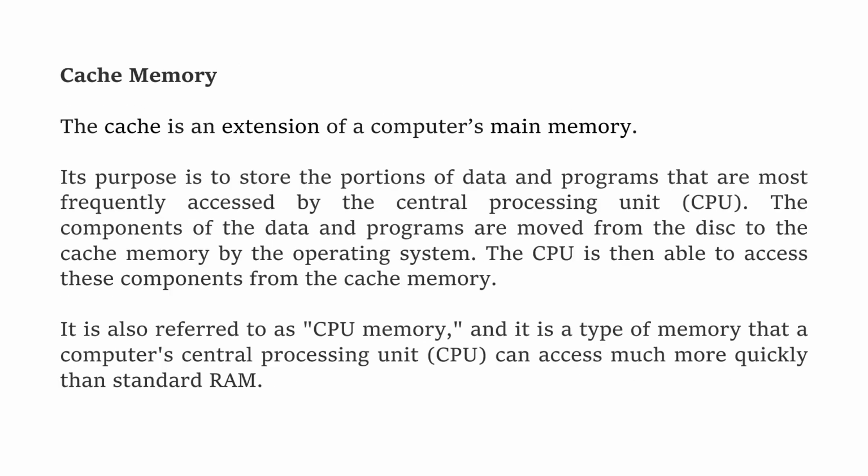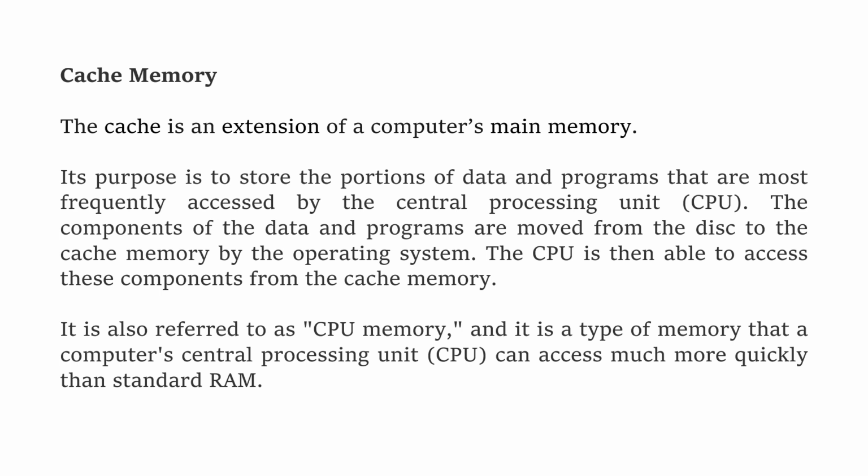Coming to the cache memory, this is an extension of the computer's main memory, we can say. That is, the main memory has ROM and RAM, and this cache is an extension of it, because its purpose is to store the portions of data and programs that are more frequently accessed by the CPU.